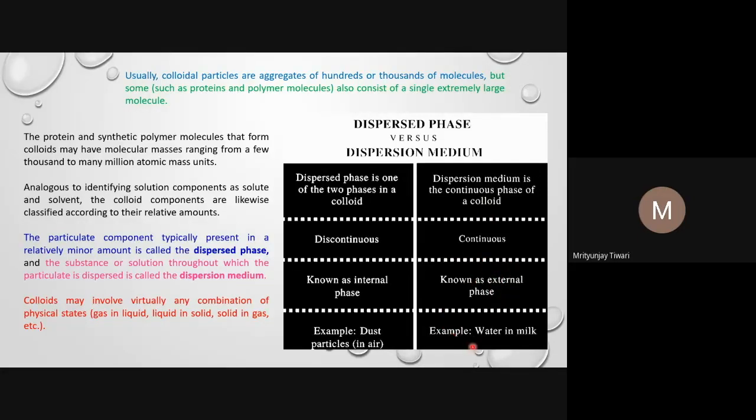An example of a dispersed phase is dust particles in the air. The particles of dust in the air form a colloid. So air is the dispersion medium and the dust particles are the dispersed phase. Now, look at another colloid: milk. In water, the butter fats are dispersed.